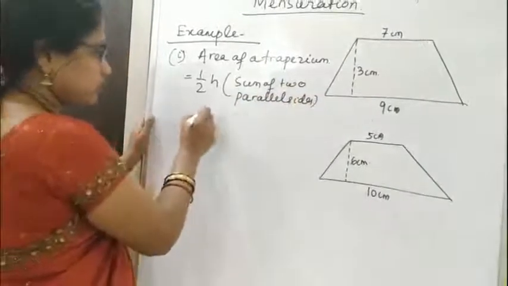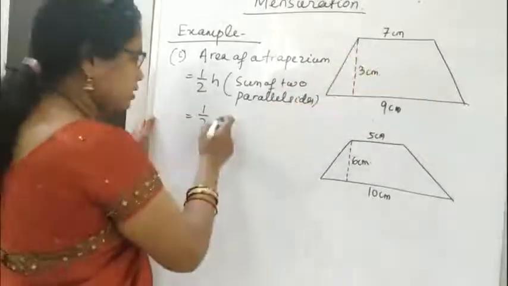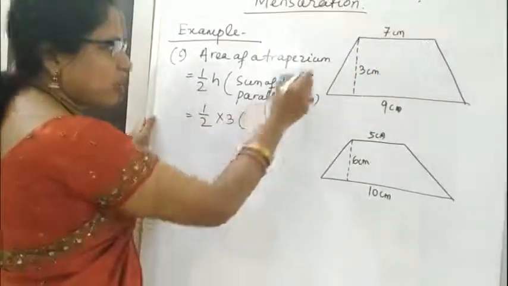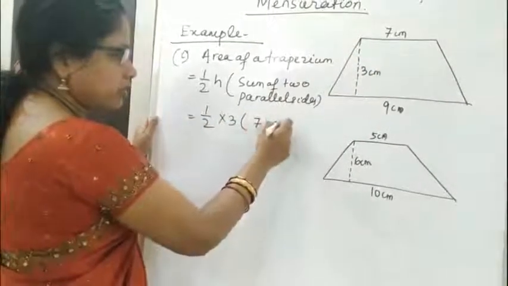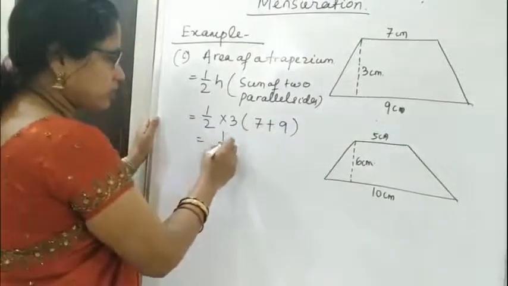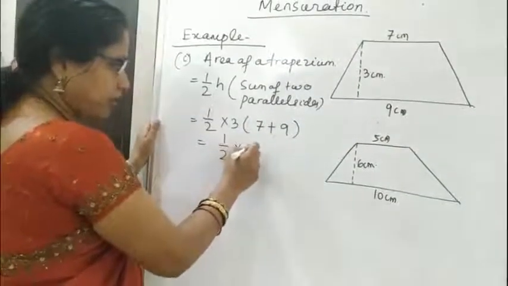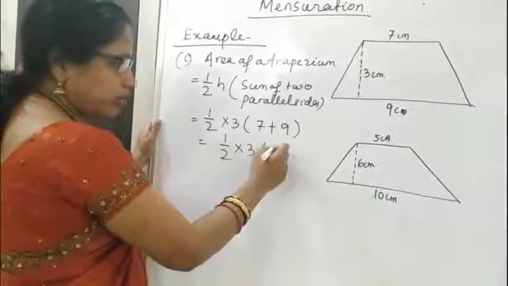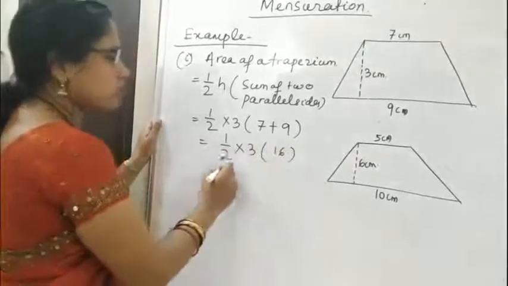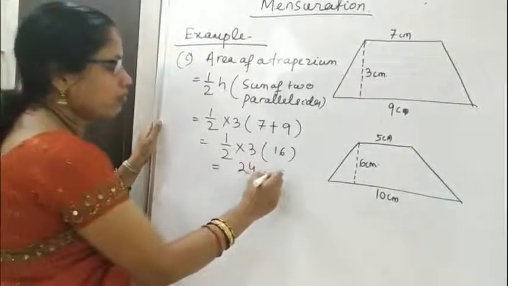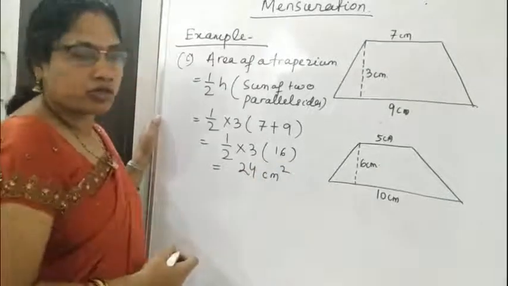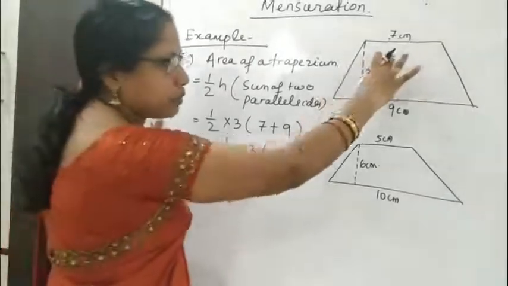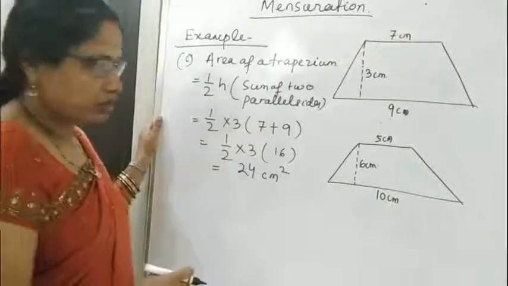So this is equal to half, here height is 3 and sum of parallel sides is 7 plus 9. So this is equal to half multiplied with 3 multiplied with 16. So this is equal to 24 centimeter square. The area of this trapezium is 24 centimeter square.